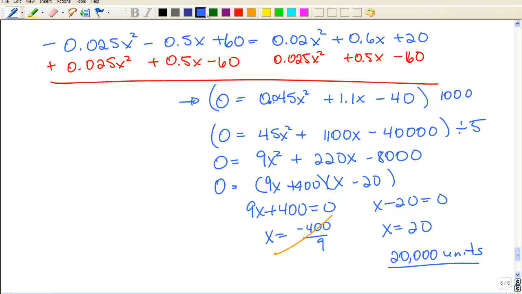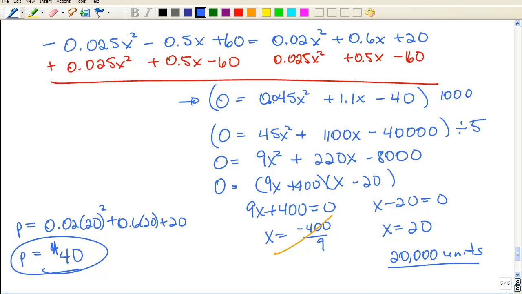And so now I need the price. Again, you can use either formula. So I'm going to use this one, 0.02 times 20 squared. And again, picking up a calculator, that should be $40. So with 20,000 units, I have an equilibrium price of $40.